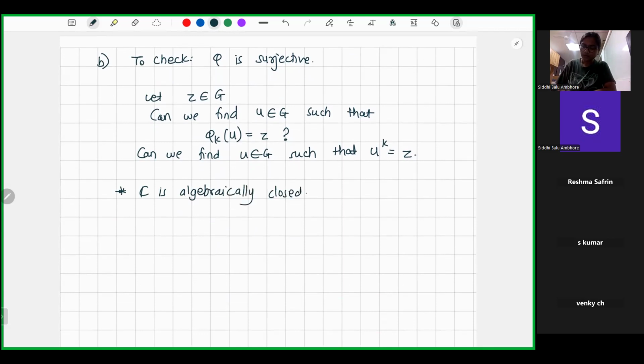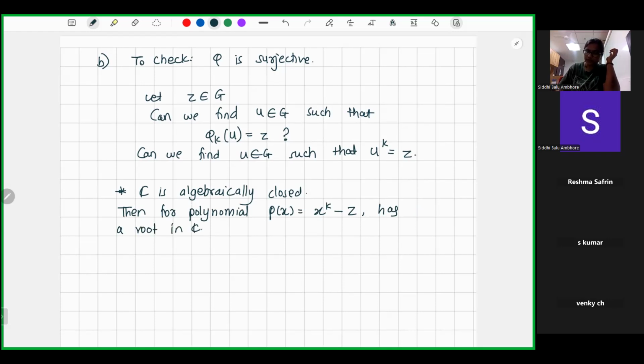Then the polynomial p(x) equals x power k minus z, instead of 1 now I have this z, has a root in C.